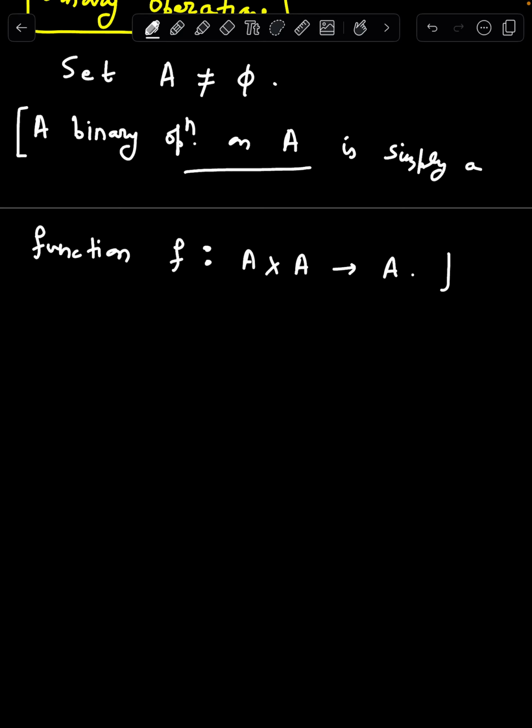Now, why is it required? Let's see. So suppose that you have a set. Let's call it S1. What are the elements of this set? So you have, for example, a dog, a cat, and let's say a fox.